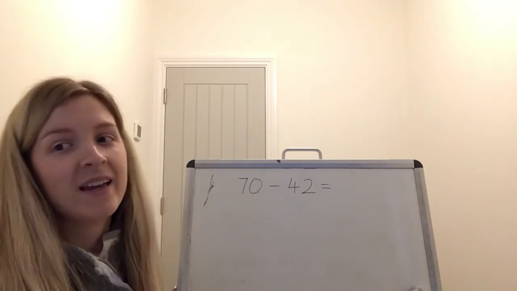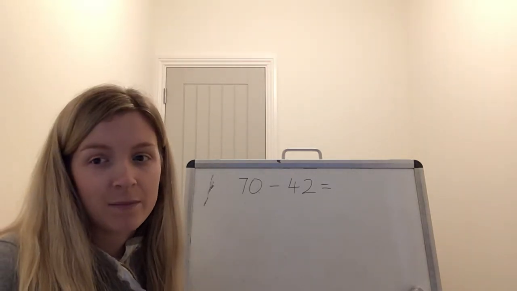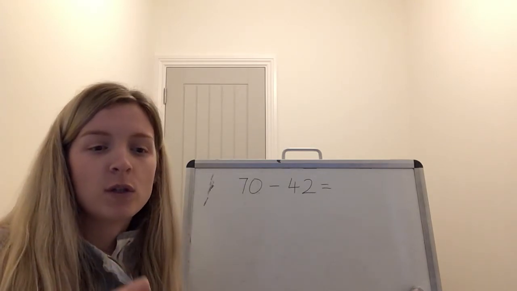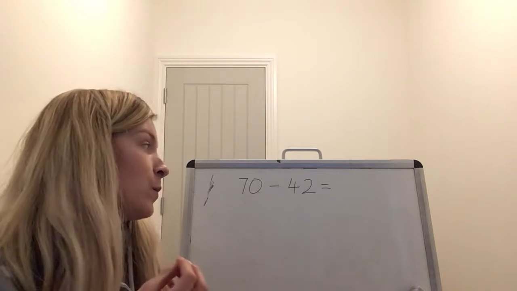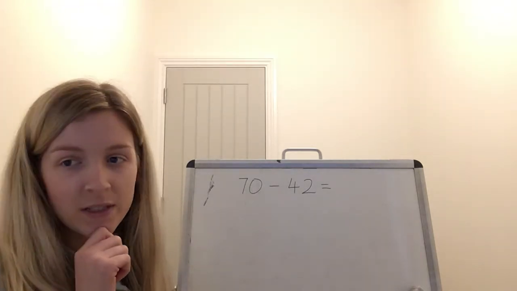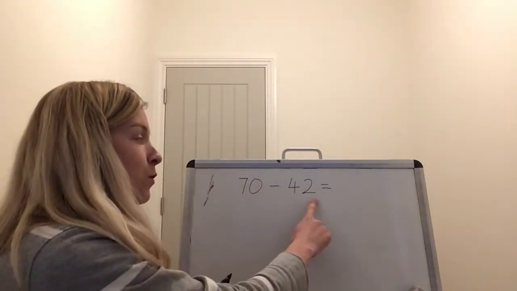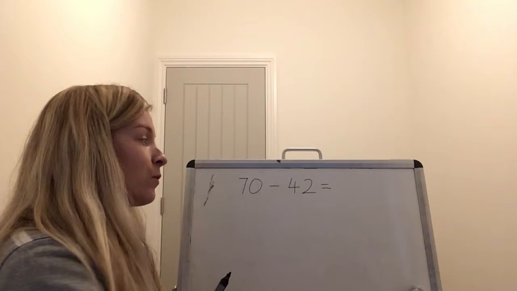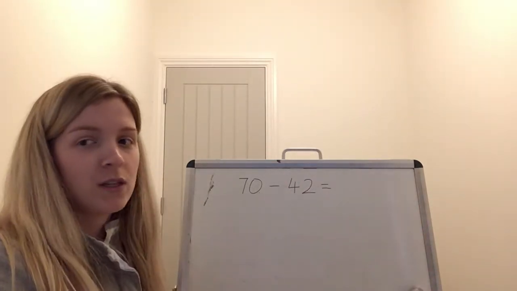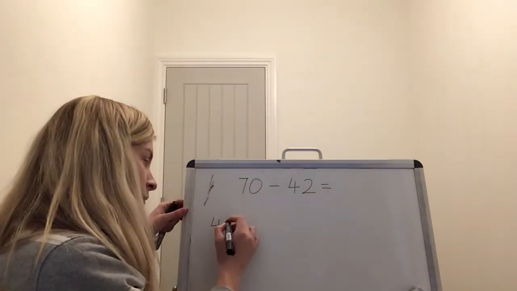Okay, again, some of you might say, Miss Palmer, but I can do this in my head. But remember, we are learning to use a strategy today that's going to help us when the questions become slightly more tricky. So let's think about finding the difference here. I'm going to start at 42 and count on until I get to 70 to find the difference between these two numbers.